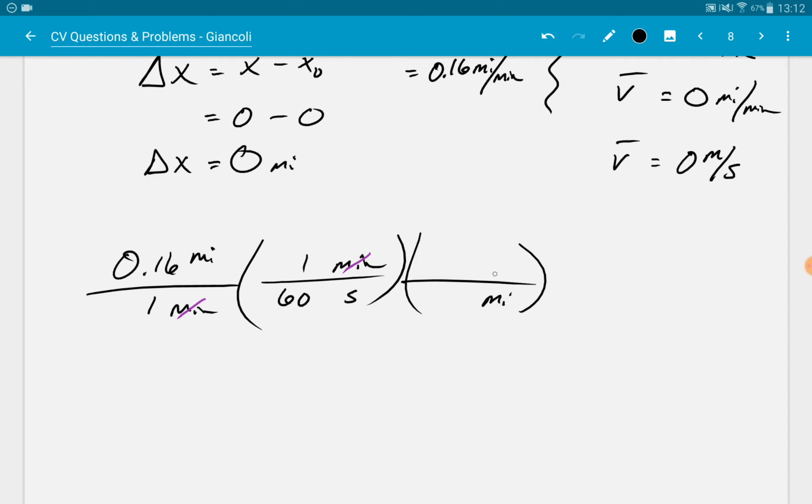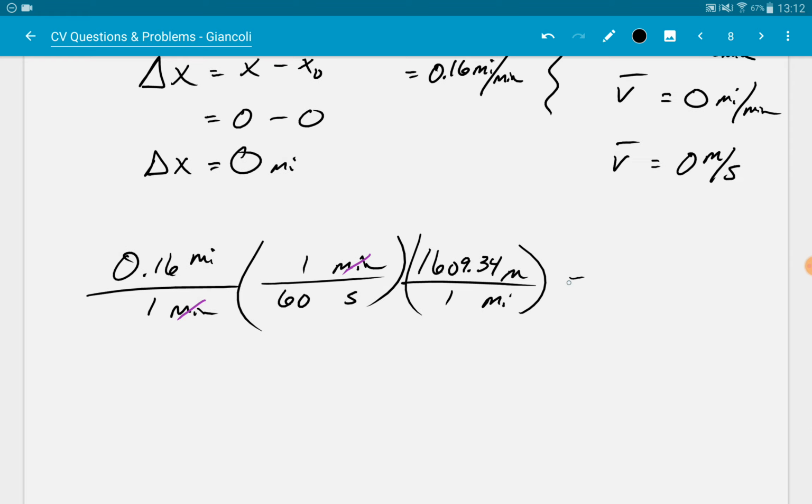It's 1,609.34. It's not a super nice number because these are two different styles of units: a standard British or imperial unit, versus the standard international, metric unit. So when I look at that, the miles cancel out.